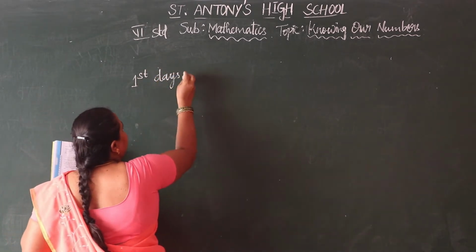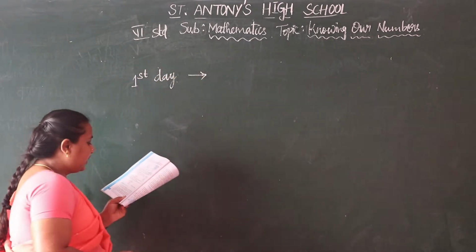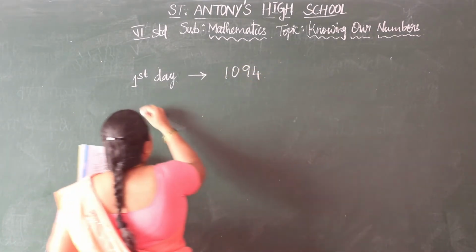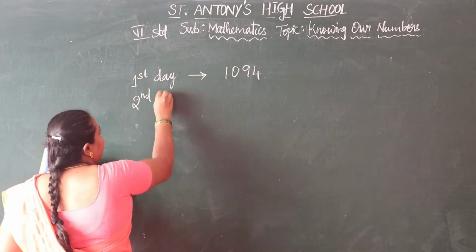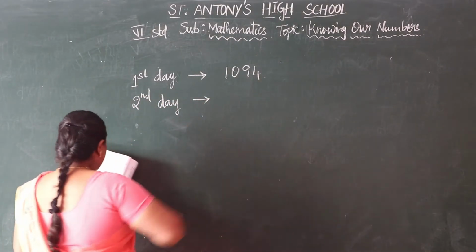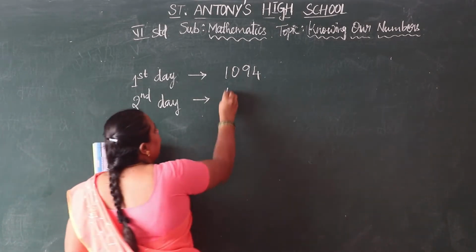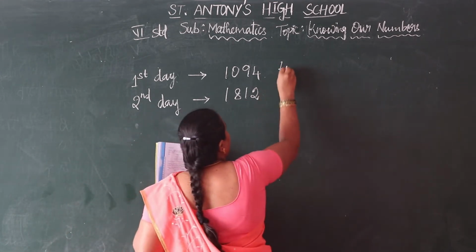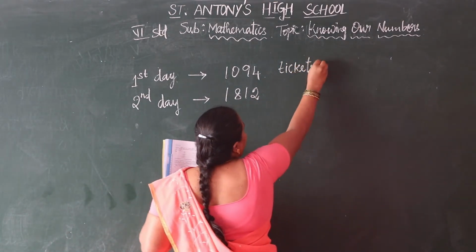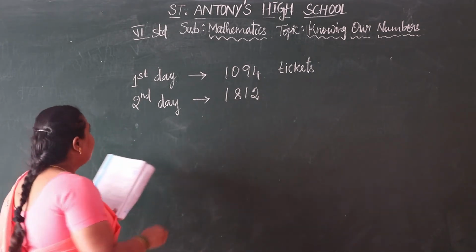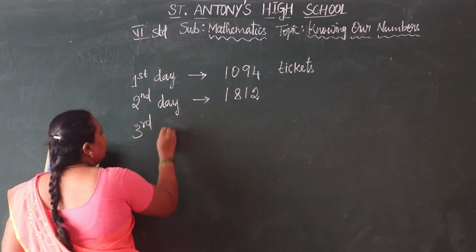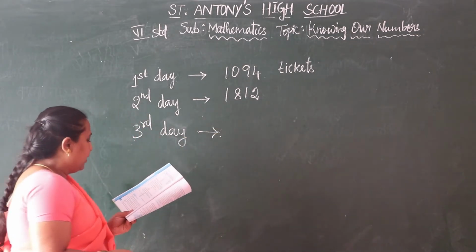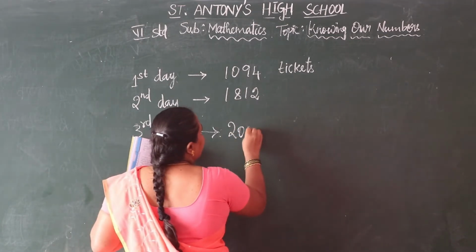On the first day, 1,094 tickets were sold. On the second day, 1,812 tickets were sold. The number of tickets sold. The third day, 2,050 tickets were sold.